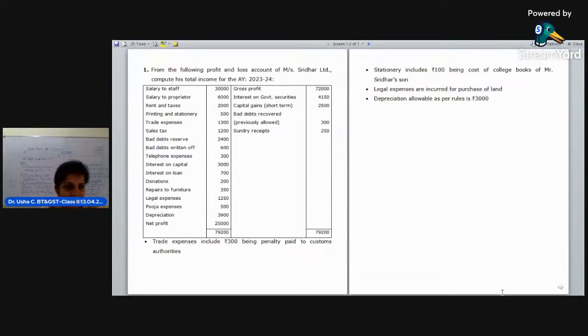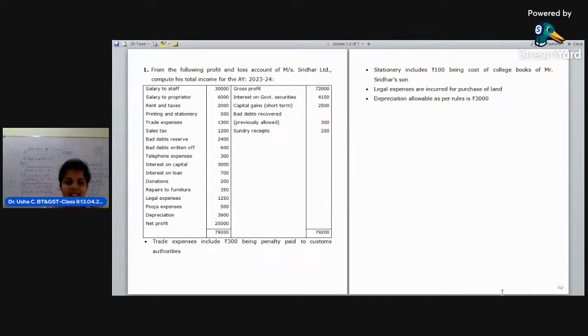Whatever salary has been taken by Sridhar is just to show reduced profit and pay less taxes. So in order to reduce the profit, they have shown this salary to the proprietor, but it is an inadmissible expense. We have to deduct it. Salary to the proprietor, we have to deduct, as it is an inadmissible expenditure.